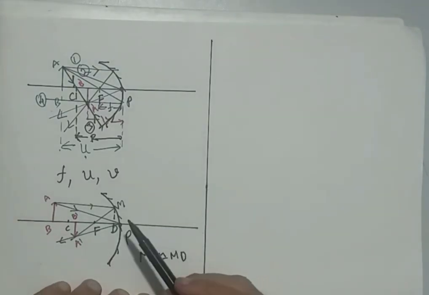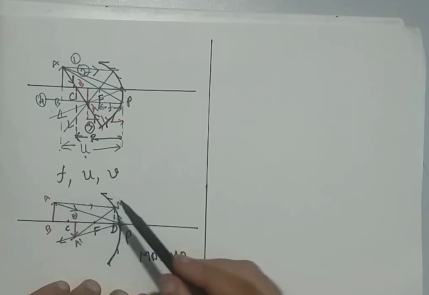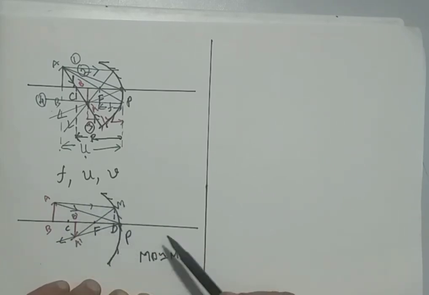Observe here, by laws of reflection and other things from the geometry, there are two pairs of similar triangles.